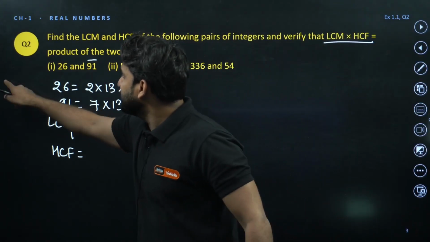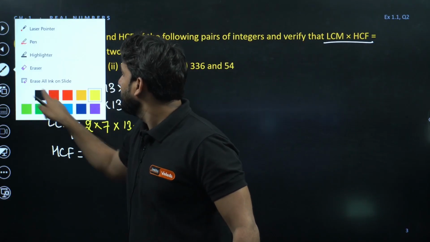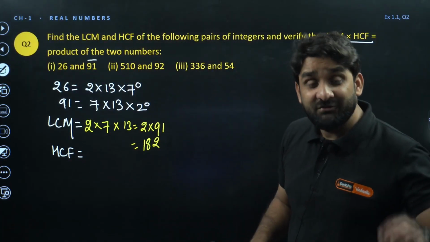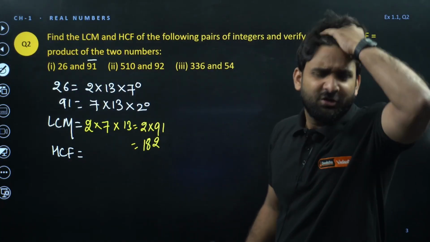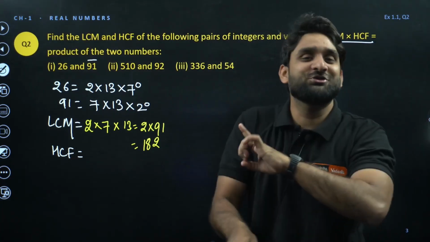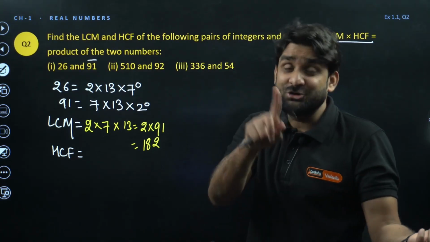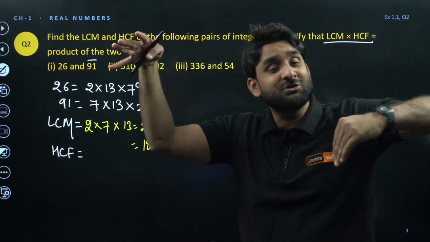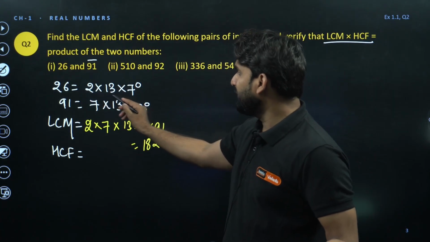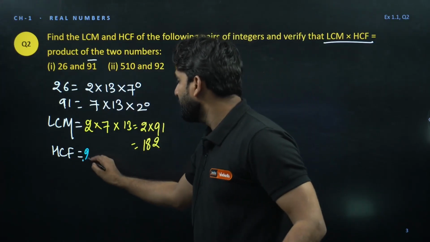Now let's find the HCF. Let me use another color pen. What is the full form of HCF? Highest common factor. The word highest is there, but you have to take the least power. Opposite. For the least common multiple, make sure to take the highest power, but for the highest common factor, make sure to take the least power. So 2 to power 1, 2 to power 0, which will come? 2 to power 0.